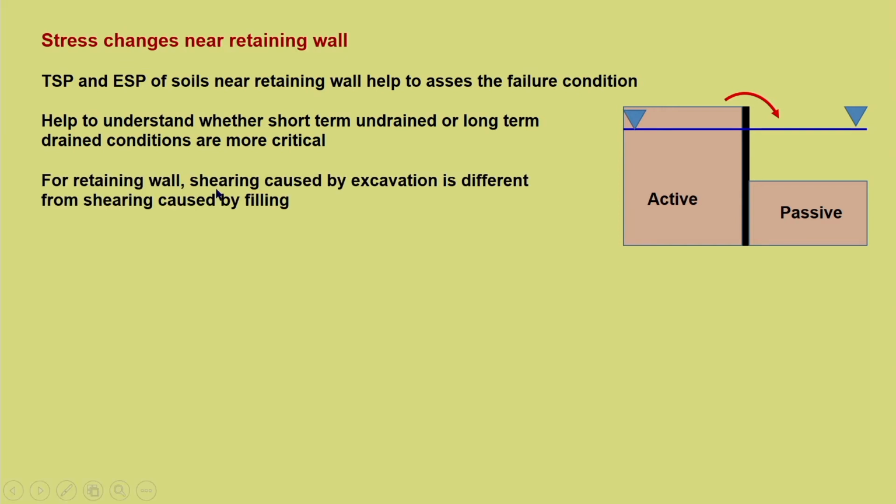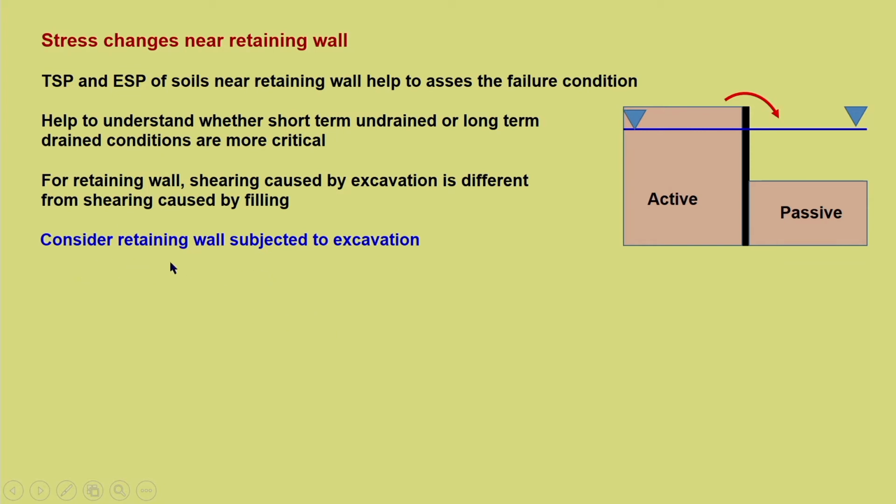For a retaining wall, shearing caused by excavation is different from shearing caused by filling. When you say retaining wall, there are two possibilities: in one case it can get excavated, and in the other case you can have progressive filling of the backfill. So, in both cases the stress path will be different.